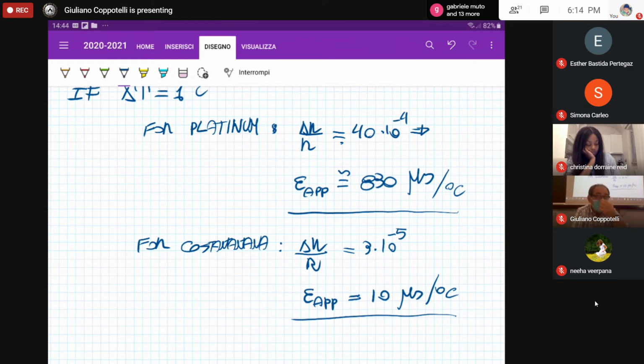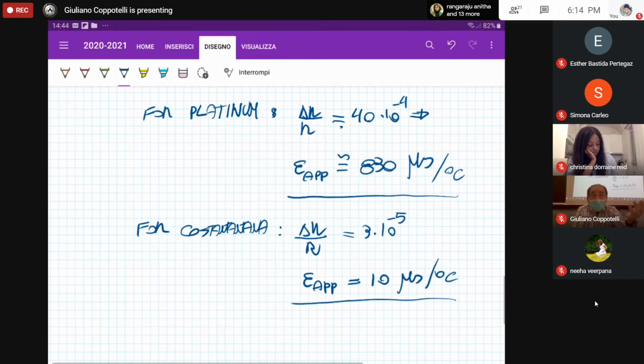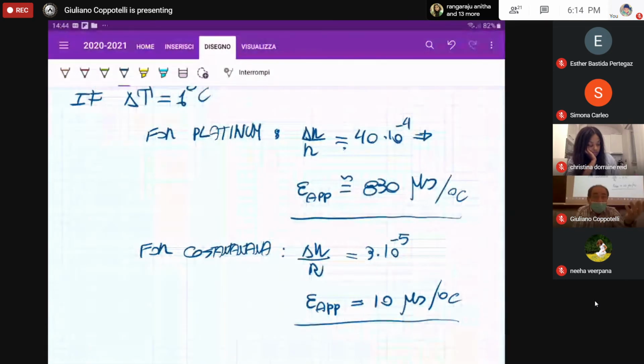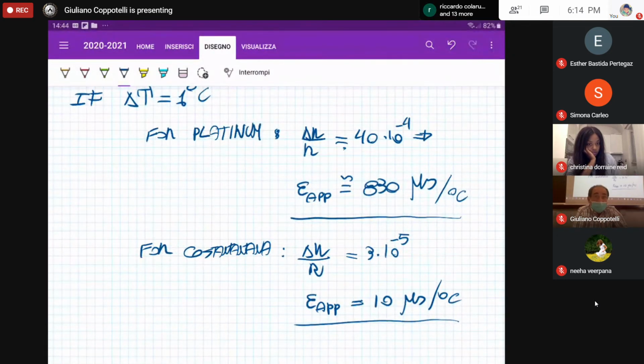As you can see, if you are using a strain gauge made by platinum alloy, we will have a completely wrong identification of the strain, because of this 1 degree Celsius difference, we have more than 800 microstrains. Remember, we are using such a strain gauge measurement to measure up to some thousand. So 800 means a lot of corruption in your data.